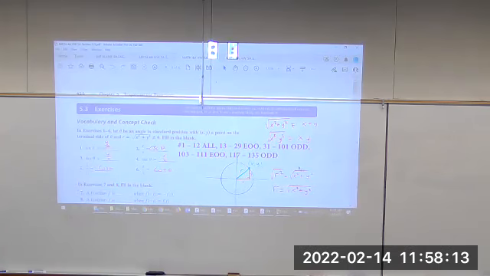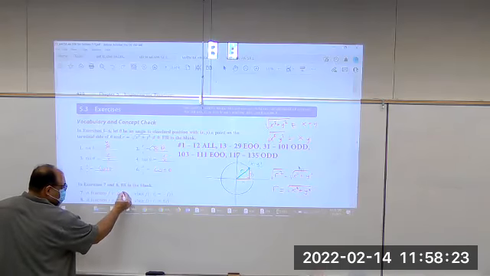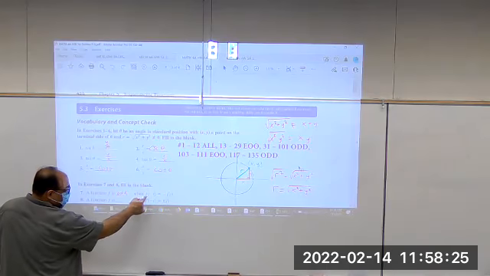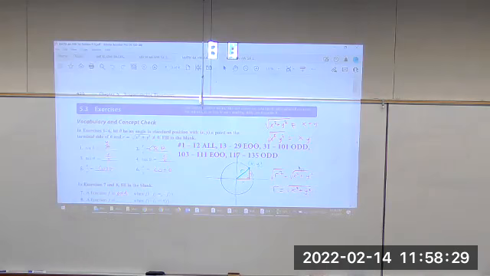Now, on 7, the answer for 7 and 8. A function is odd when you take f of negative t and you get the opposite, f of t. That's an odd function. That's the actual definition for odd.